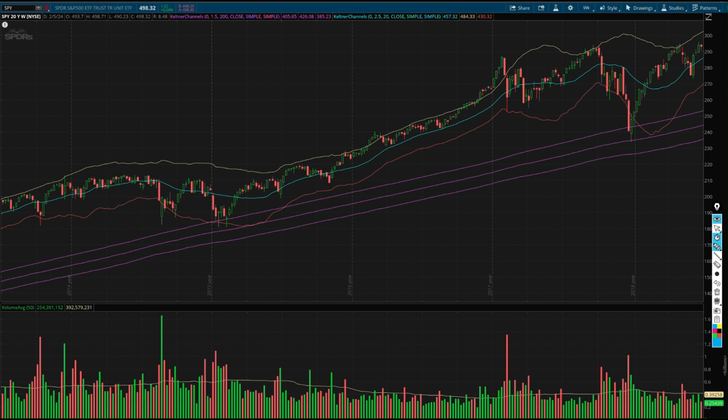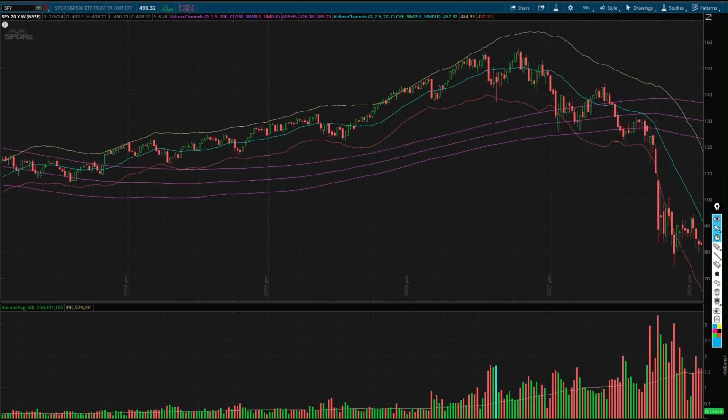One more example. This is 2006, 2007, 2008. We see in 2006 there is 1 week of rush here.